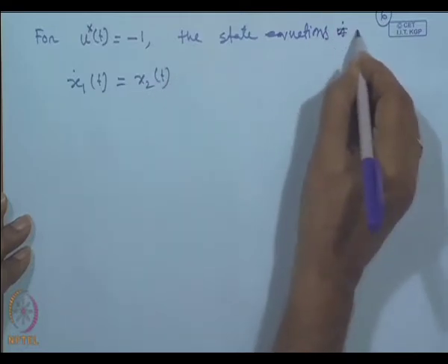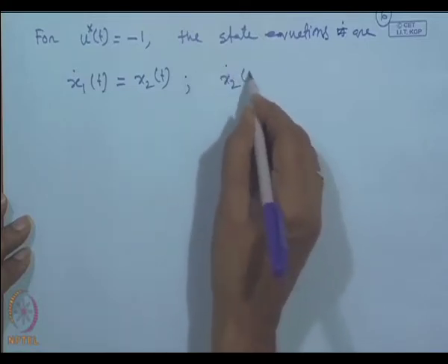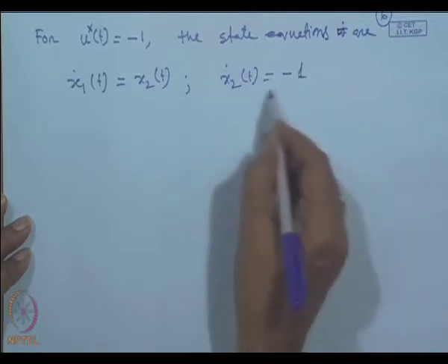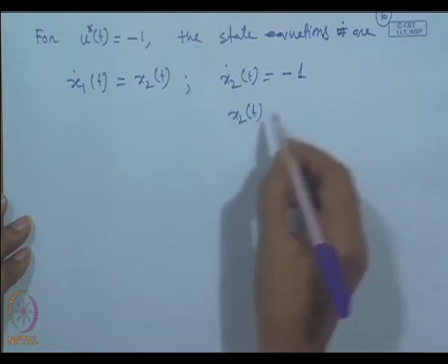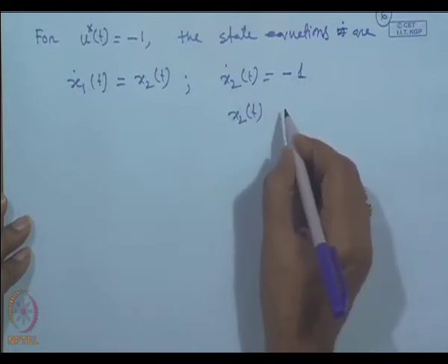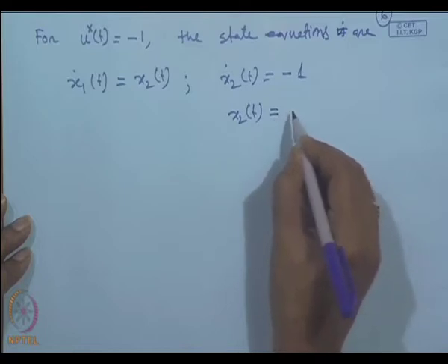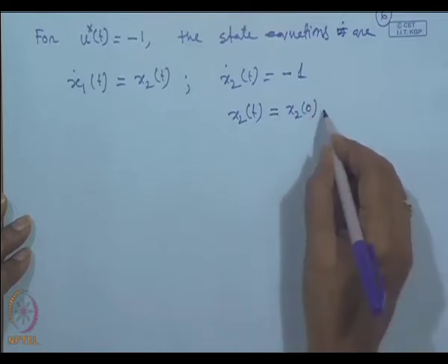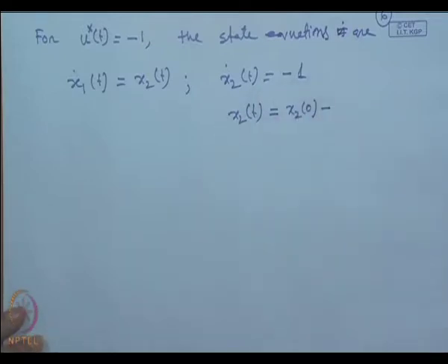This is one, another is x 2 dot of t is equal to u, and u is minus 1. Similarly, I can find the value of x 2 of t by simply integrating both sides and taking the limit t equal to 0 to t equal to t. So, this will be x 2 0 minus t.